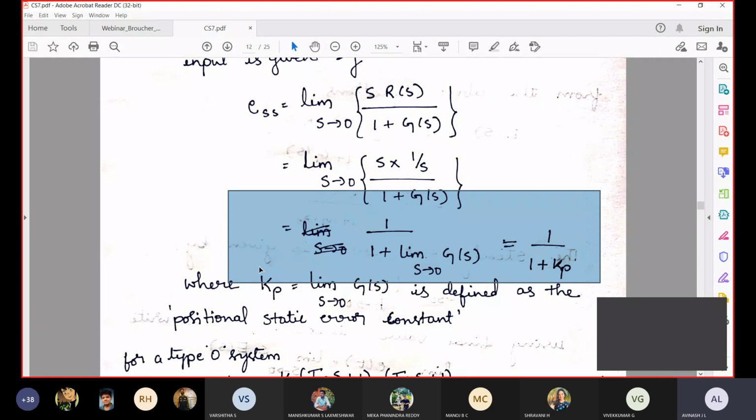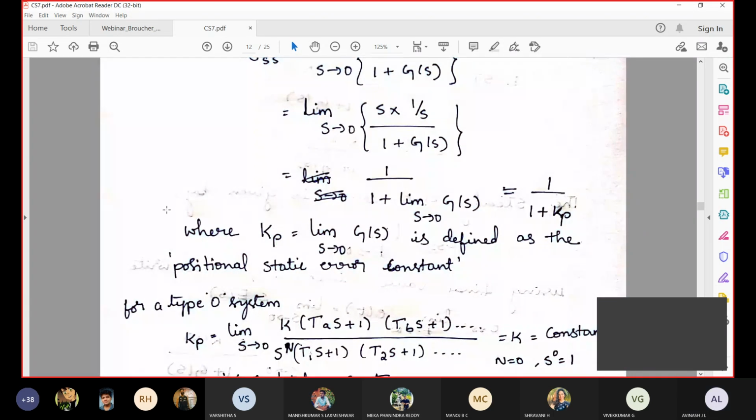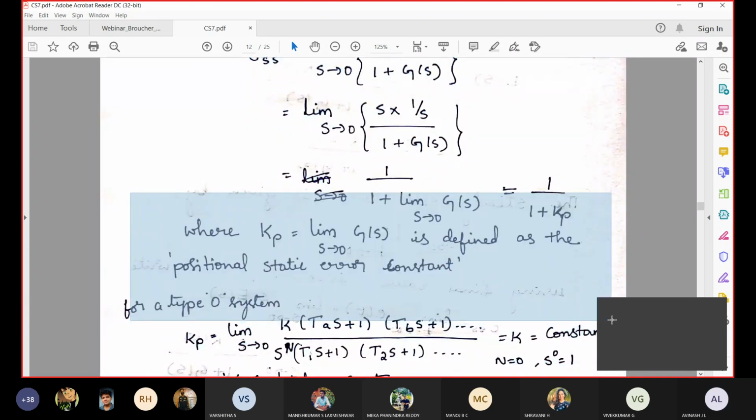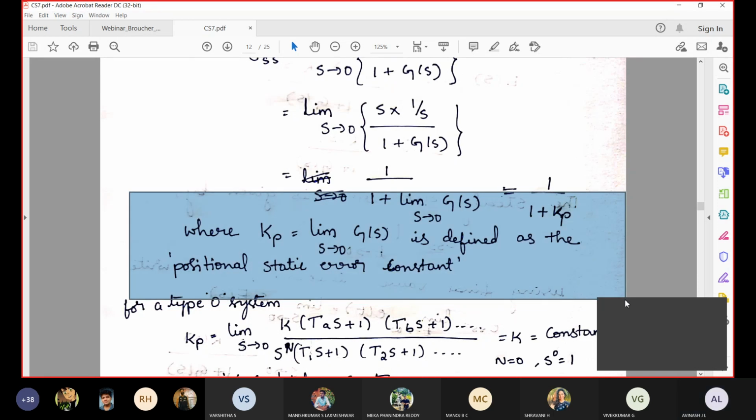Write down where Kp is equal to limit s tends to 0 of G of s, defined as the positional static error constant. Is it clear?